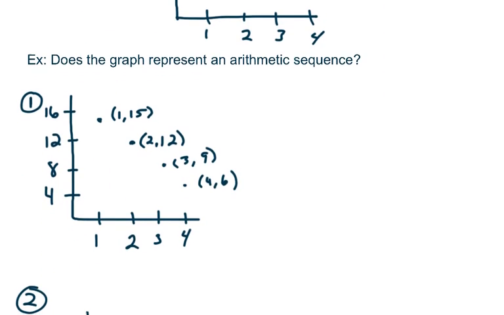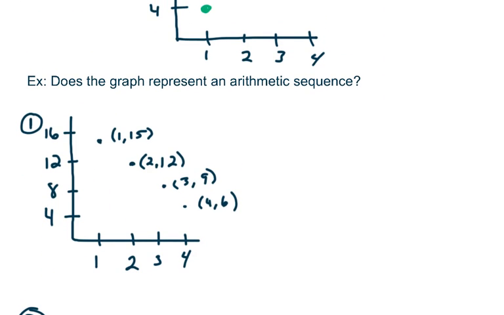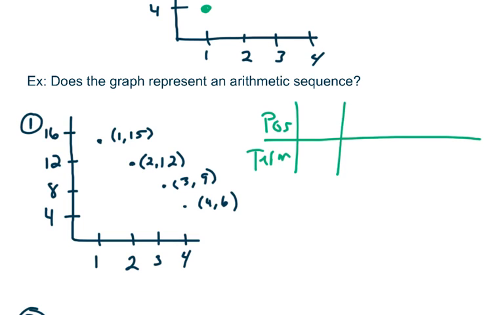Okay, so let's do some checking. Does the graph represent an arithmetic sequence? How can we tell? Remember, if something is linear, there's going to be a constant rate of change from one term to the next. So if we make an XY table with position and term, the graph gives us positions 1, 2, 3, 4 and terms 15, 12, 9, and 6.